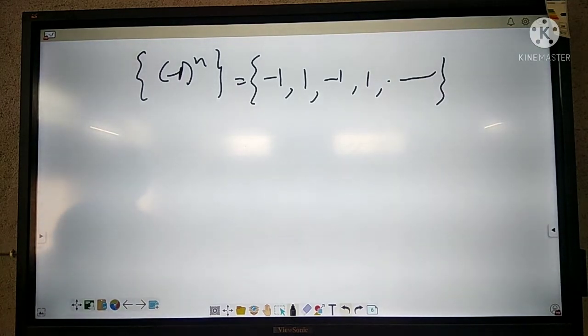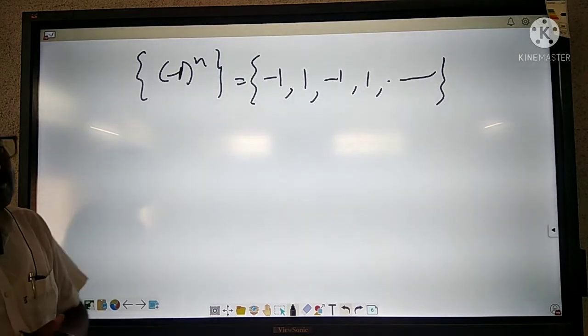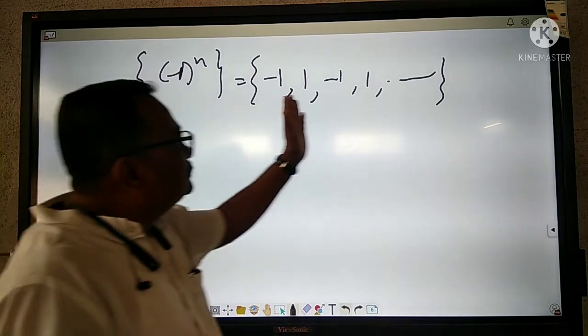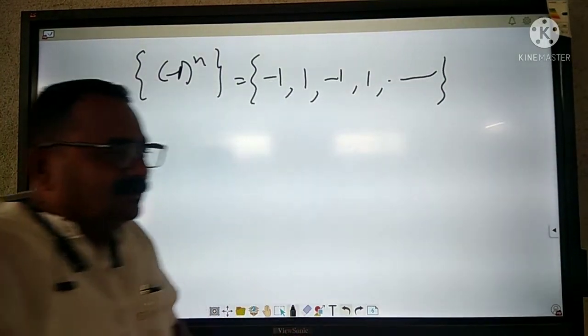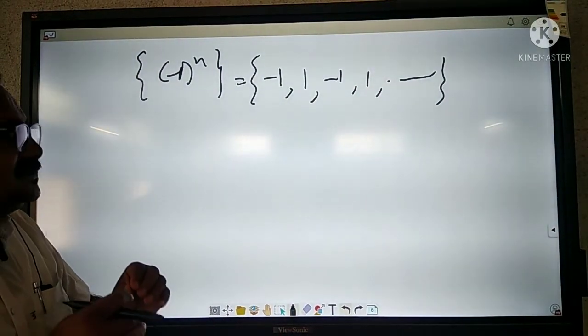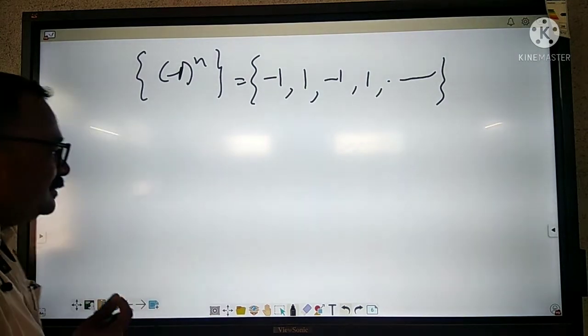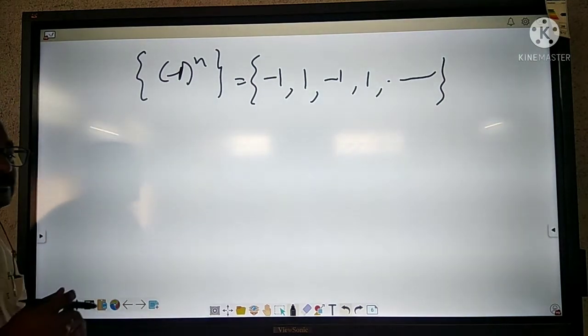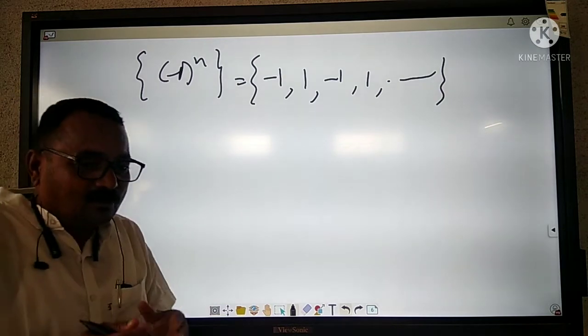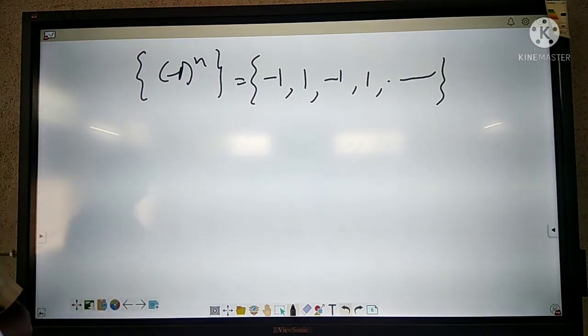So understand it carefully. Minus 1 raised to n, the sequence is in this way. Now we ask what is the limit of the sequence. As the terms increase, the term is plus 1 or minus 1. So we can't say the sequence Sn converges to 1 or minus 1. This is very difficult.